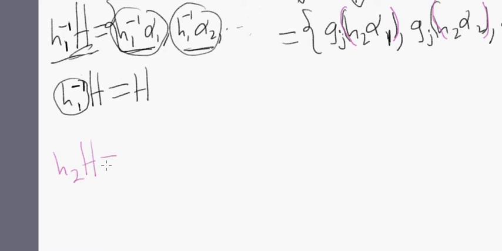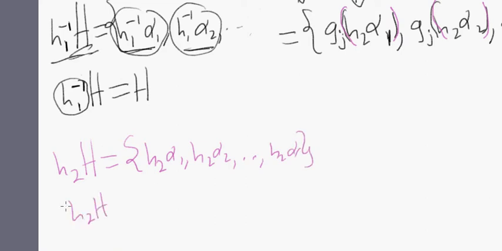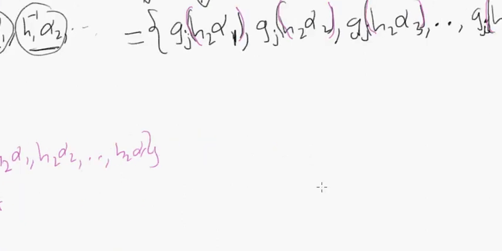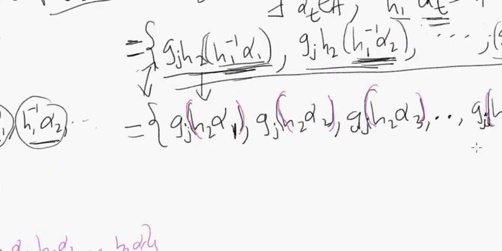That's the left coset of H formed by h2, because that ends up giving us h2 alpha 1, h2 alpha 2, all the way up to h2 alpha r. So what we're saying is that h2H, because h2 is an element of H, is just the same as H. It's a permutation. So again, similar reasoning to before.